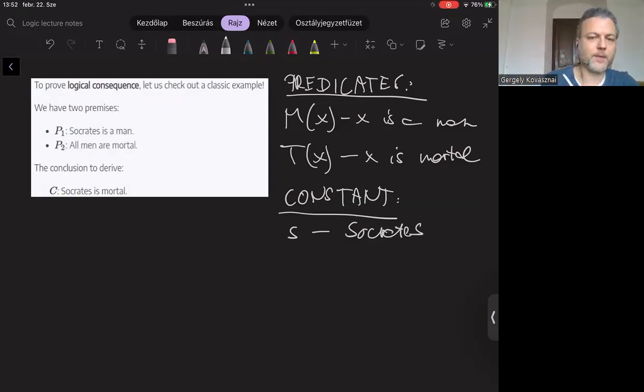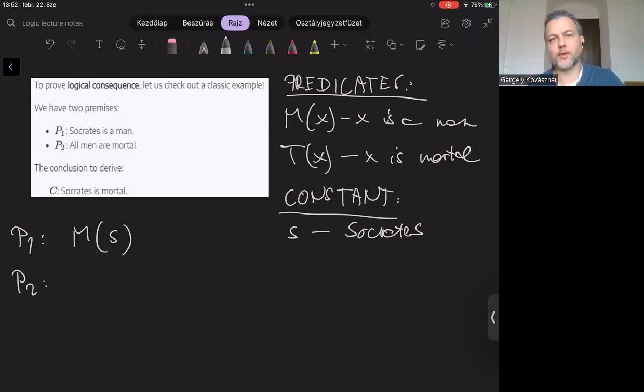Okay, now let's formalize the first statement, the first premise, P1. Socrates is a man. Of course, this can be represented as M of S. The second premise is a universally quantified formula. We are talking about all men, or more precisely, we talk about everything in the world, which we filter to man.